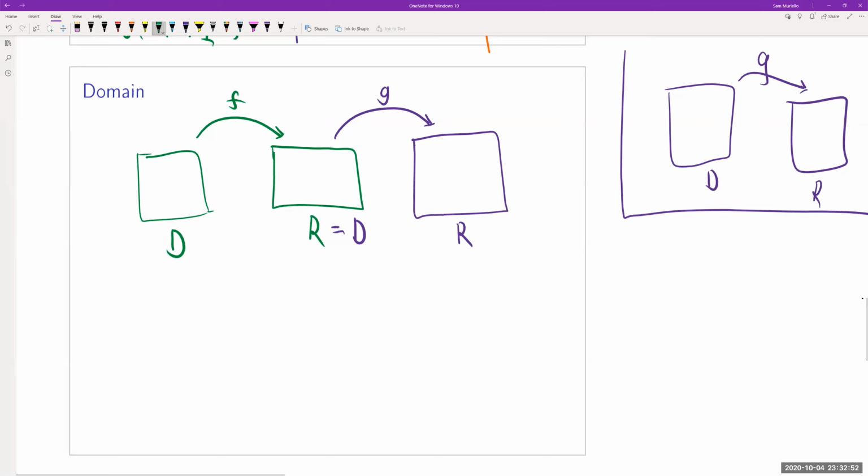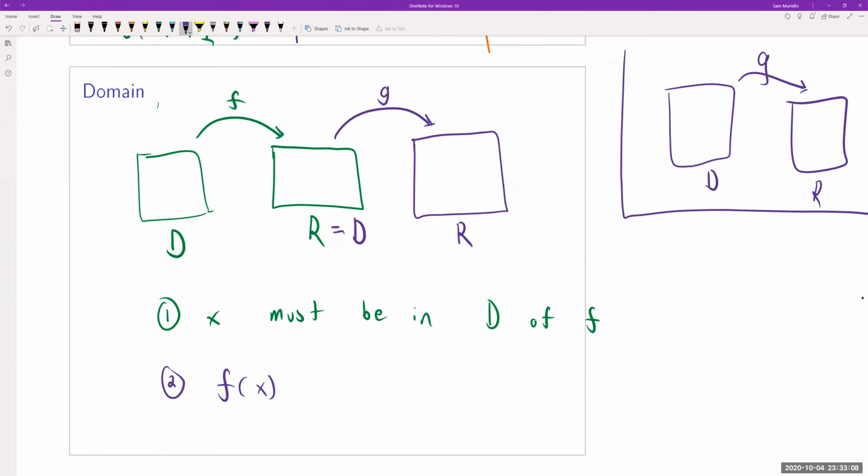So that means that we have two considerations to worry about here. Number one, x must be in the domain of f. And then number two, f of x, what I obtain when I take x through the first function, must be in the domain of g.